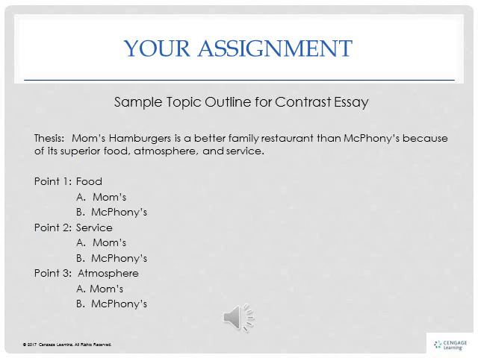This is a diagram taken from a topic outline for a contrast essay that comes from the book, so you probably have already looked at it. Basically, one of the nice things about choosing this particular topic is that it gives you ready-made points of contrast. I think we would all agree the most important elements in any restaurant are food, service, and atmosphere.